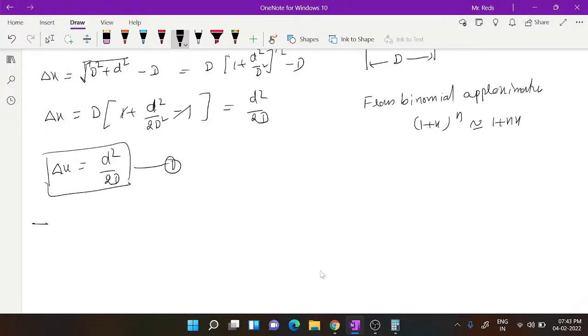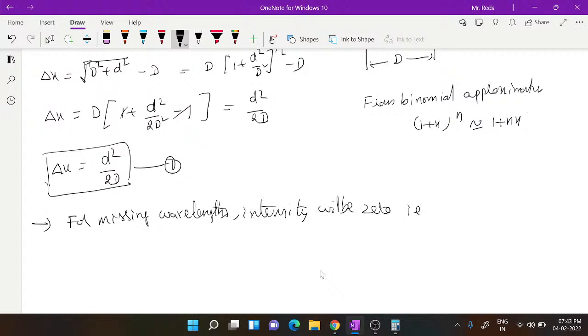So what you have to consider here is, for missing wavelengths, intensity will be 0. That is, we will get a dark fringe.